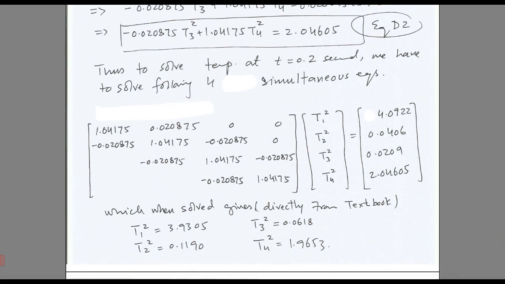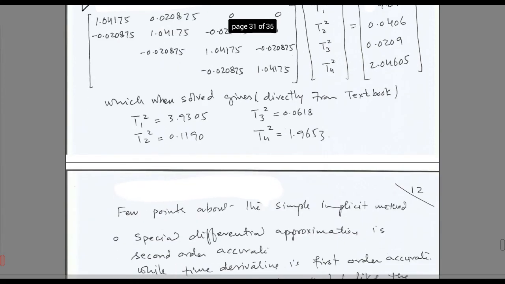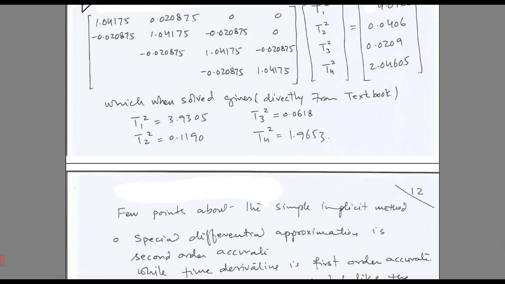These are the equations in matrix form, and you notice the unknowns are now at time l plus 1, which equals 2 now. By solving directly, just for reference we put the values here after the solution of this.